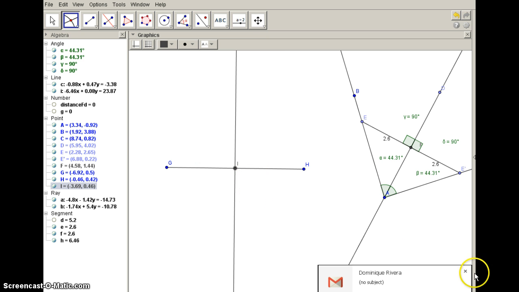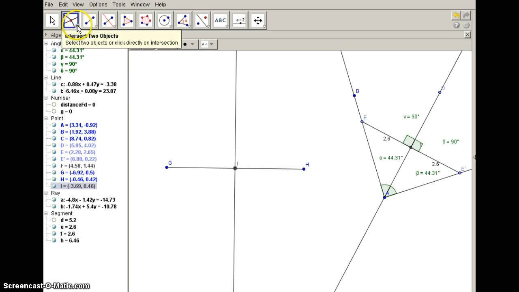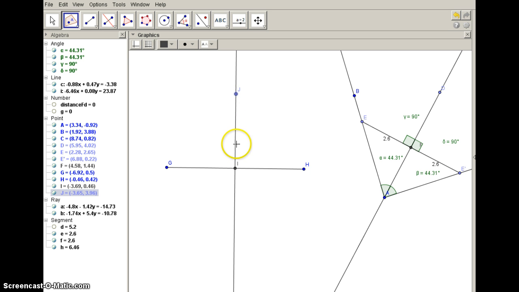So our question is, if this is cut in half here by point I, and this line here is going to be perpendicular, how can we prove that if we place a point here, J, on that perpendicular bisector, the distance between G and J will always be the same as the distance between H and J?